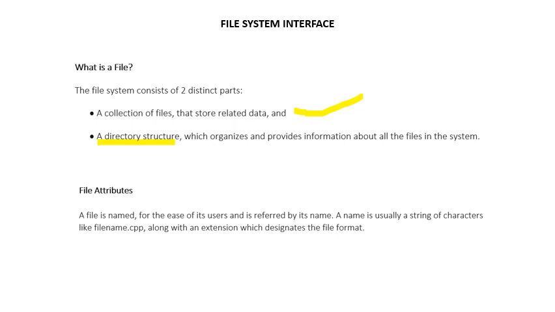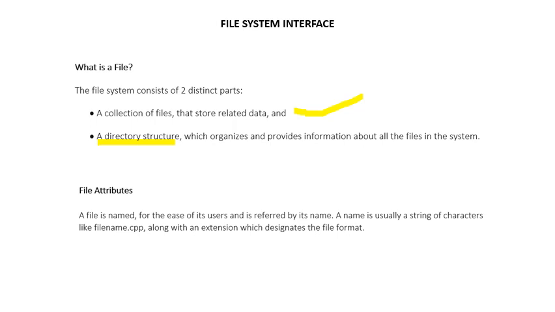Okay, now next we'll be moving on to the file attributes. Whenever we create a file, we give it a name so that it is easy for the users to refer to.